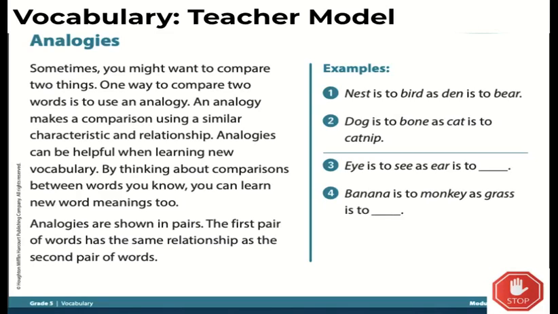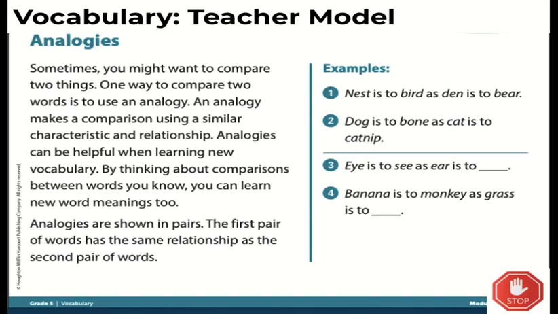Let's take a look at our examples. Nest is to bird as den is to bear. A bird lives in a nest and a bear lives in a den. Example 2. Dog is to bone as cat is to catnip. Well, dogs love bones and cats love catnip. Let's see if we can do example 3 and 4 together.